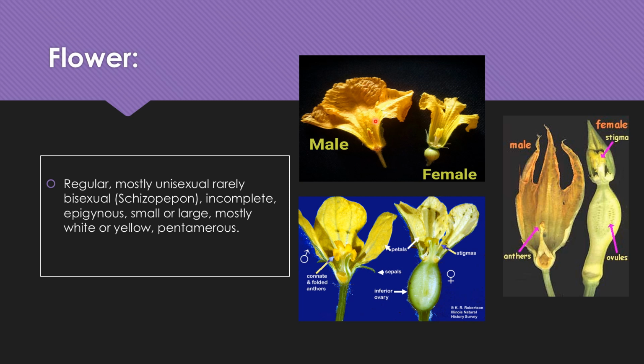Flowers are mostly regular. Regular flowers means they are actinomorphic; they can be cut from any plane equally. Mostly they are unisexual, male and female flowers being different, and rarely bisexual flowers are present, when the male and female organs, that is the androecium and the stigma, style and ovary, are present in the same flower.